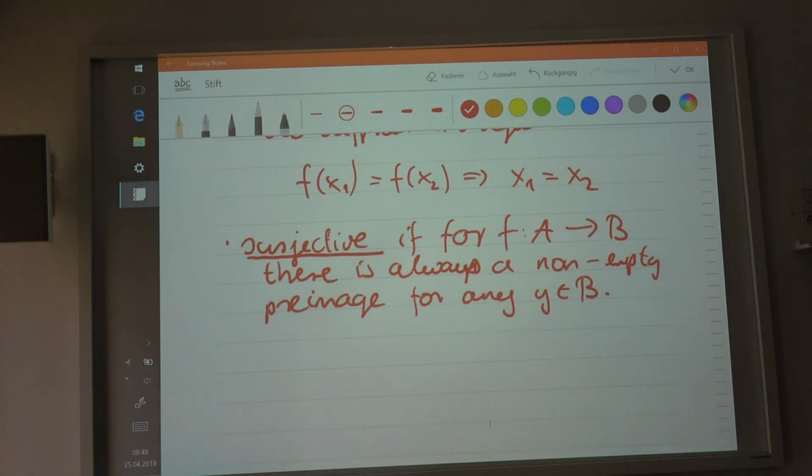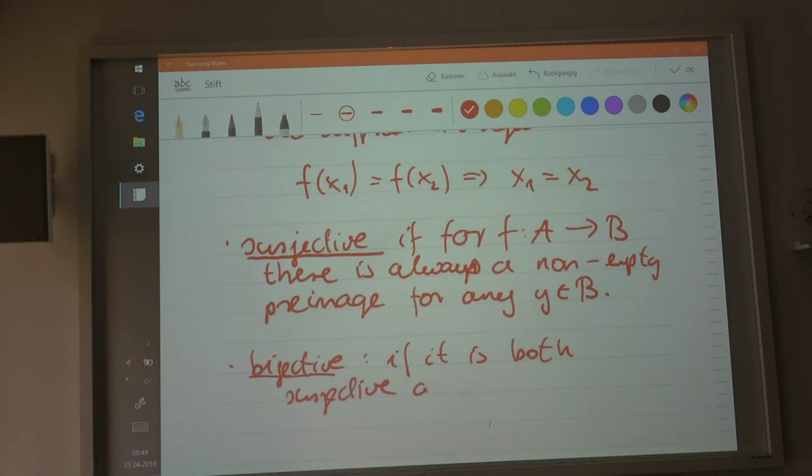And the function is called bijective if it is both, right? So it is both, that's easy, surjective and injective. Maybe I should add the formal definition for surjectivity here.